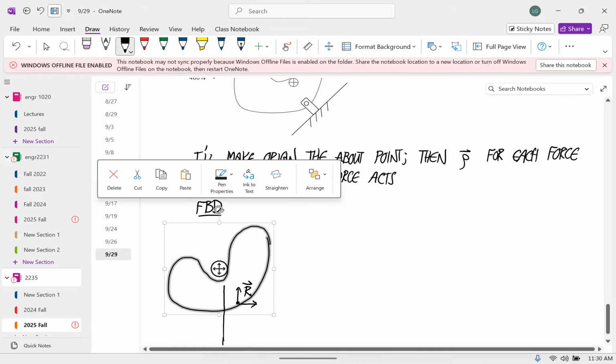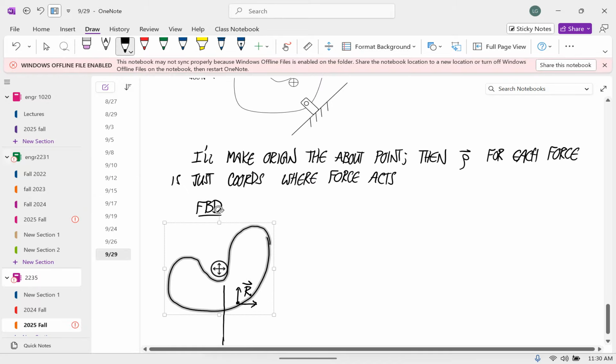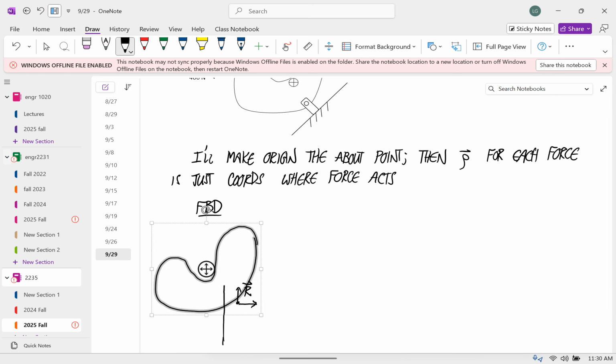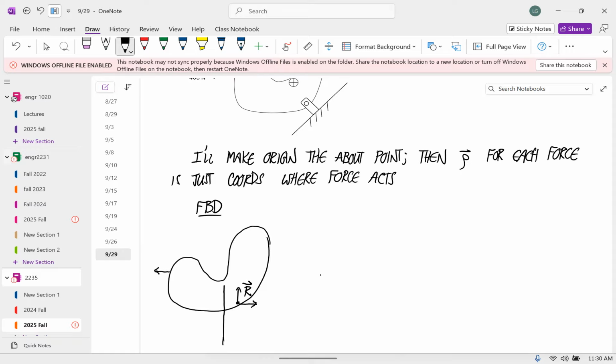If it's 3D, you go 3 ways, right? Wouldn't a pin joint also have a moment if it was 2D?